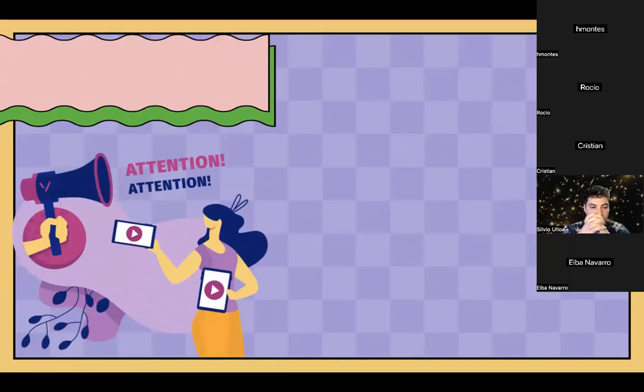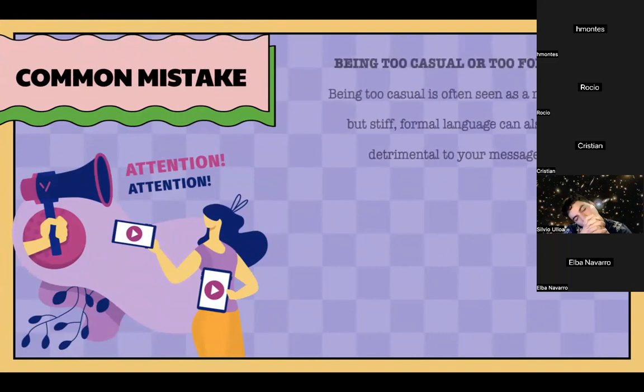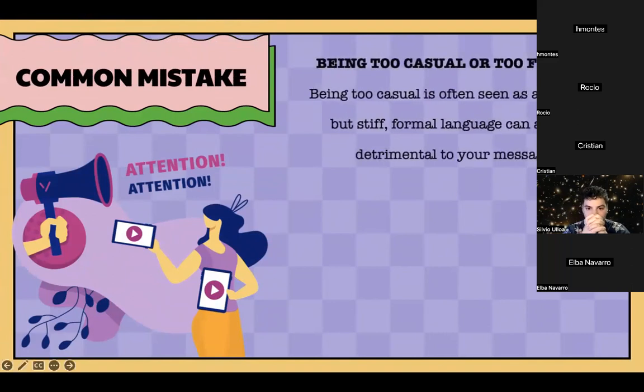Why is it important to think about the level of formality of your email? Because many people make mistakes writing emails that are too casual or too formal. So being too casual is a mistake, and being too formal is a mistake too. Silvio, can you tell us why? Well, being too casual is often seen as a mistake, but stiff, formal language can also be detrimental to your message.